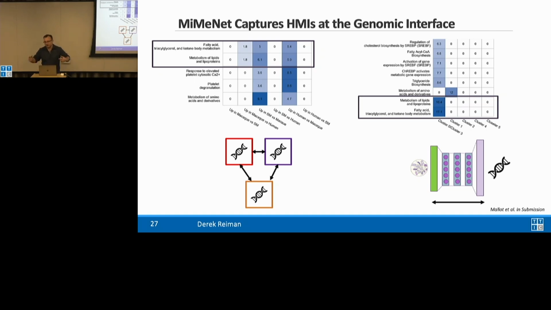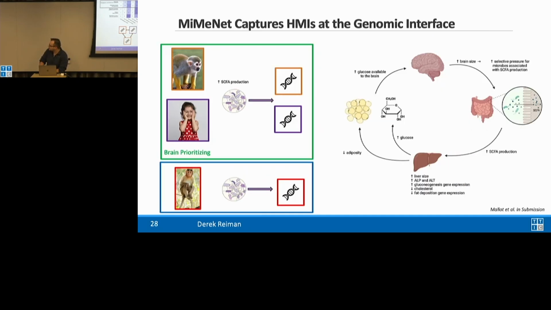This is important because we know these lipids have to be metabolized to help produce the energy requirement for this brain growth. That gives a new perspective on the model, where there's an interaction between the gut microbiome being selected for, the expression of genes in the liver, and the production of energy for the brain that creates the cycle.